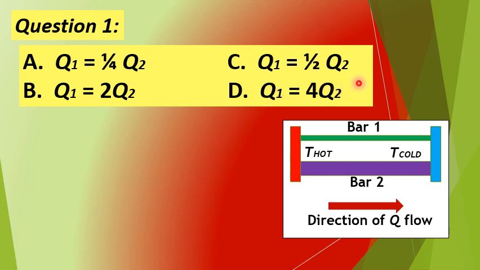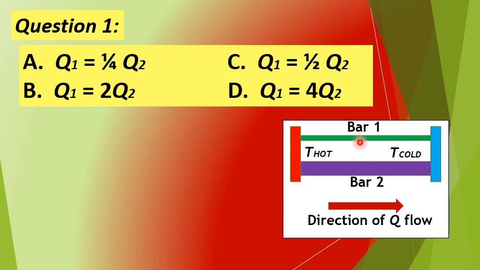Looking at this diagram, we're talking about two bars, bar 1 and bar 2, having the same length, but they differ in terms of their thickness or cross-sectional area.